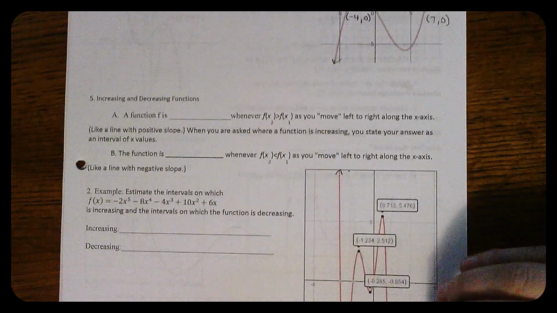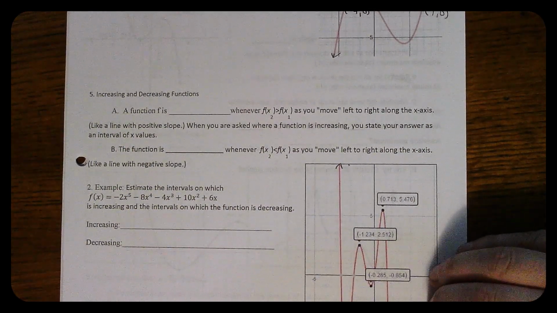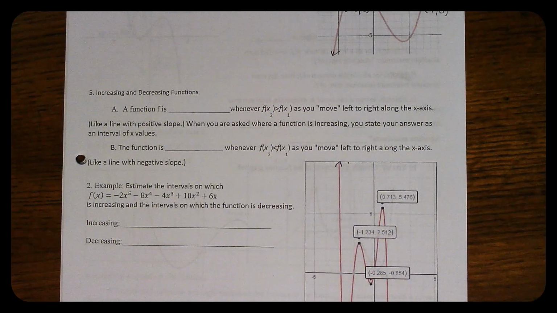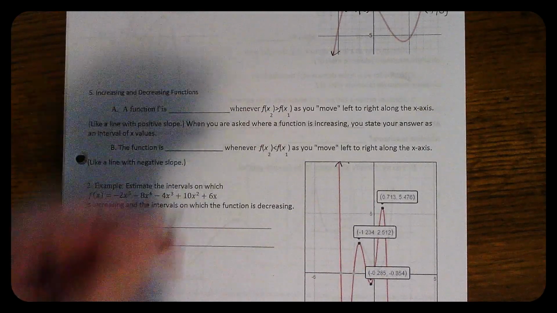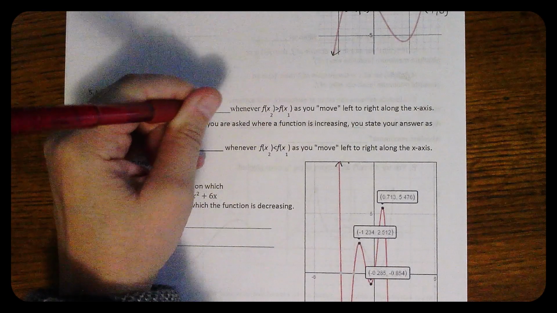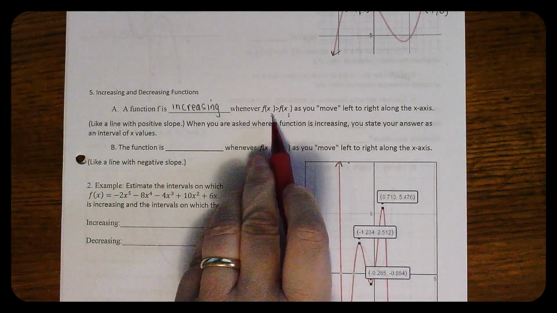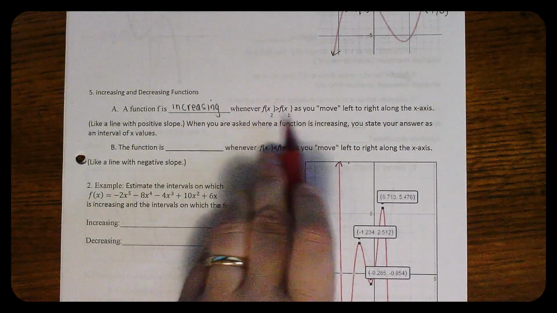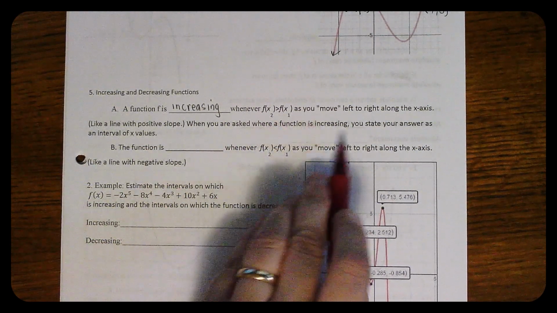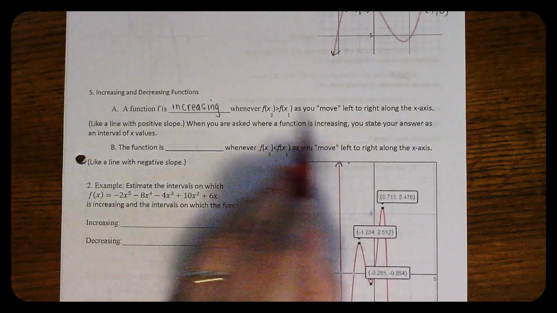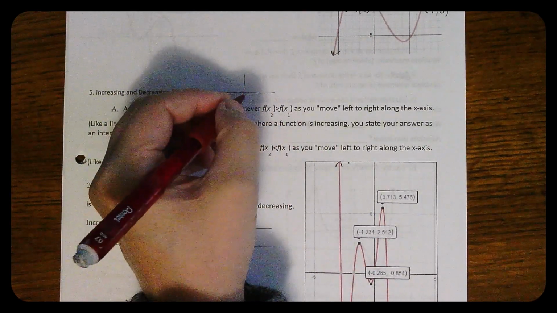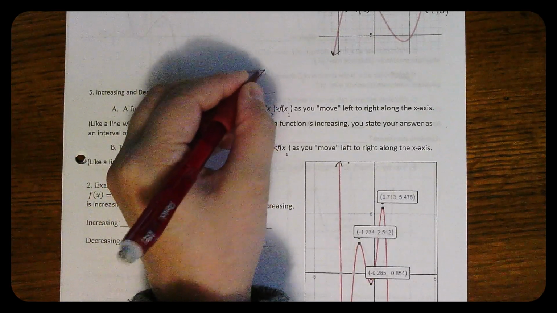All right, so those are what zeros are. All right, the next thing is we're going to talk about increasing and decreasing functions. And the function is increasing whenever the second y, as you go left to right, is greater than the y before it. So it's going to look like this. We first learn about increasing functions when we're talking about lines.